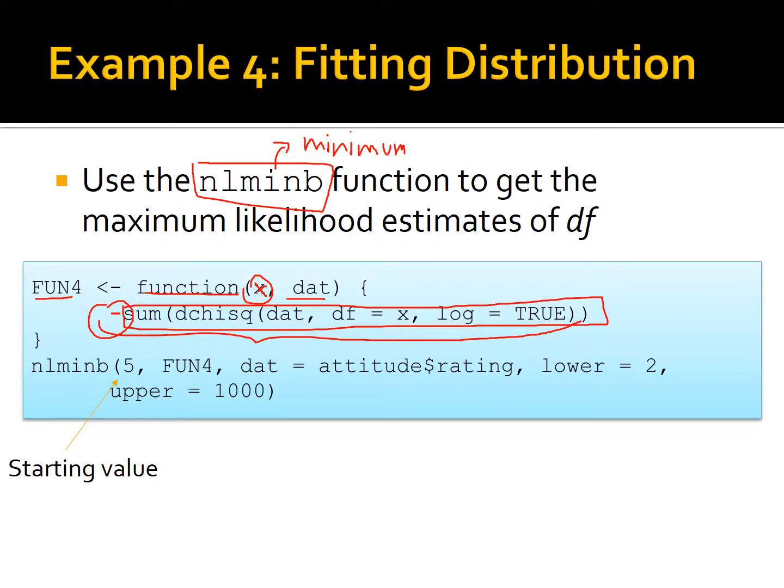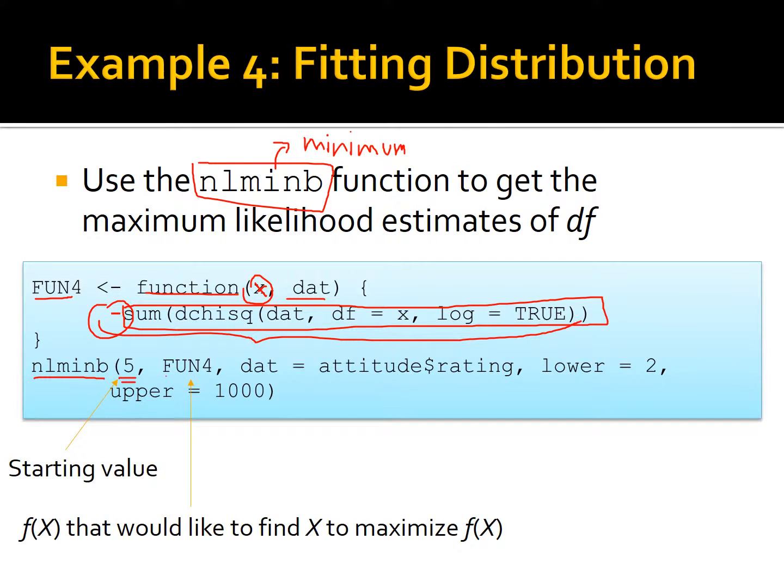In nlminb, I give the starting value of 5. Fun4 is the function that I would like to minimize. Whether you maximize or minimize depends on the negative or positive sign you use in the result of the function.